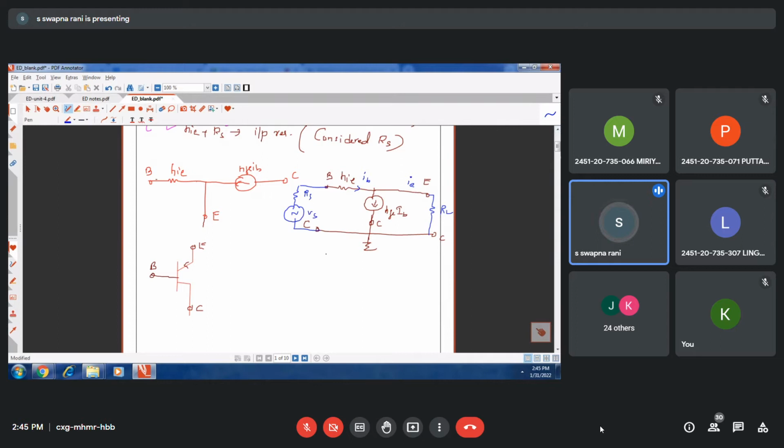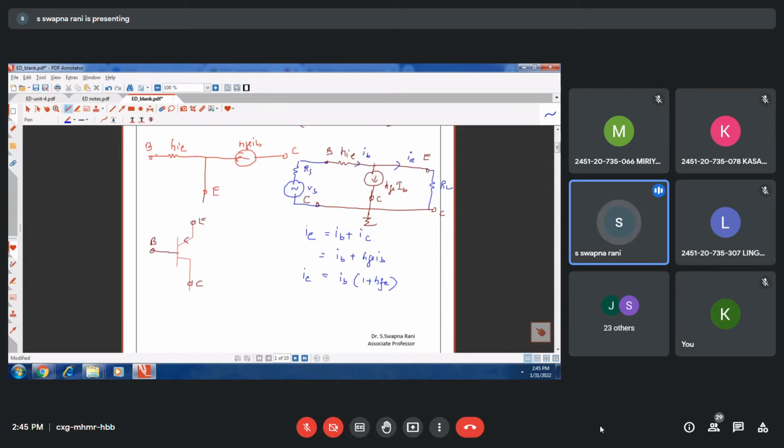Now if you remember the basic transistor operation, emitter current is the sum of the base current plus collector current. Therefore, I will write the emitter current as IB plus, what is IC? Can anyone tell what is the current flowing through the collector resistor? HFE into IB. So if I take IB common, 1 plus HFE. So this is the emitter current.